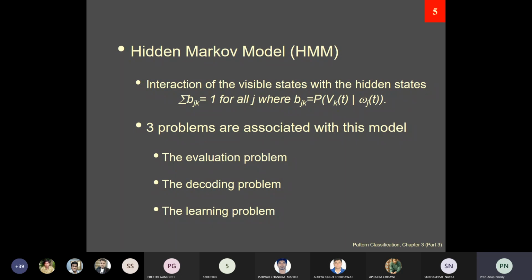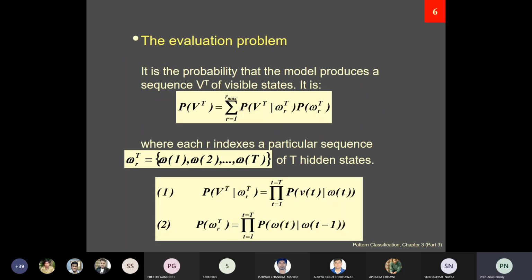So these are the evaluation problem, the decoding problem, and the learning problem. Three important things that we'll see.